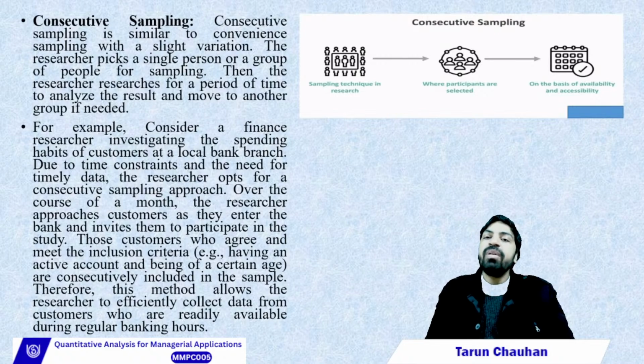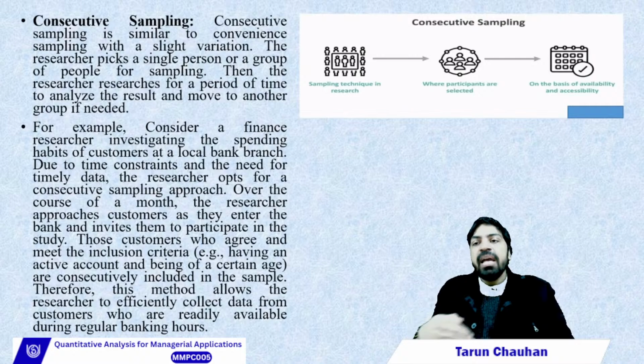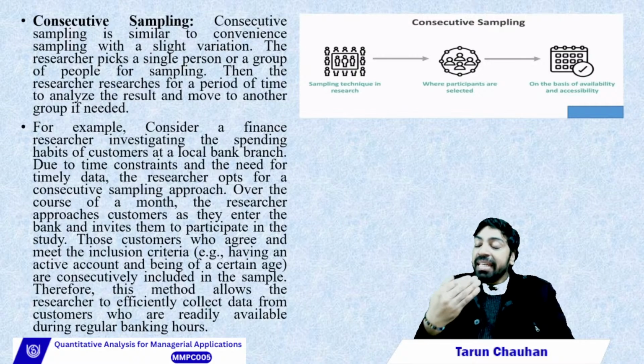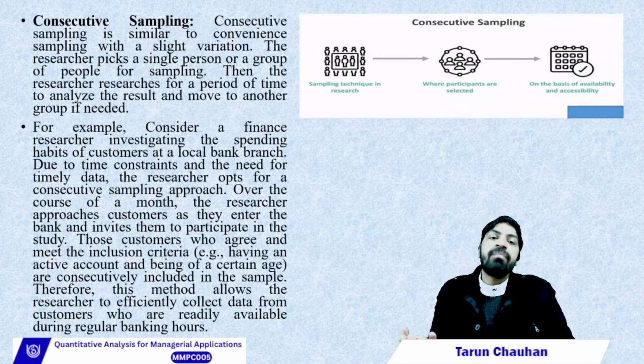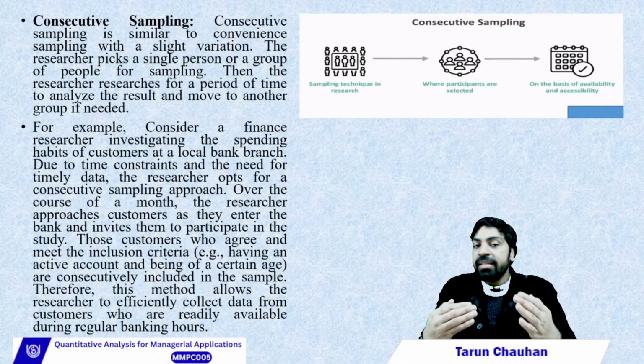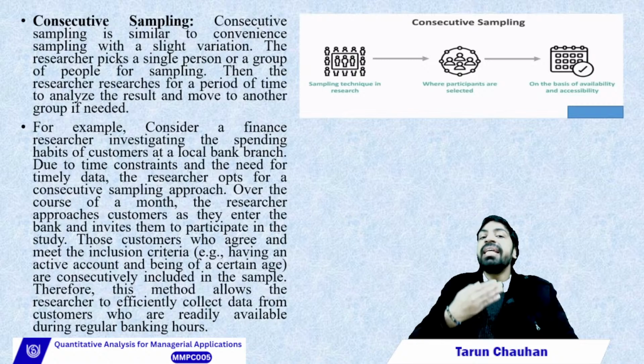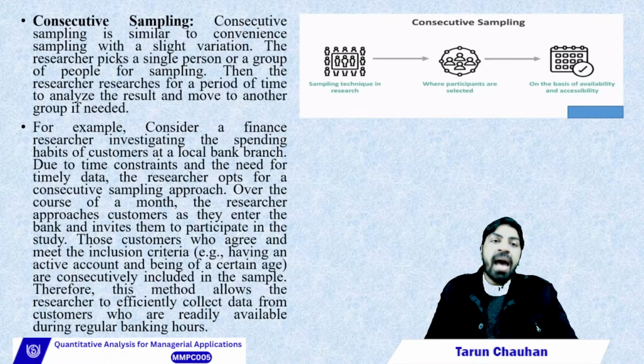This method always allows the researcher to efficiently collect data from customers who are readily available, and the researcher can easily access that particular place. In this example, the researcher easily accesses a bank.